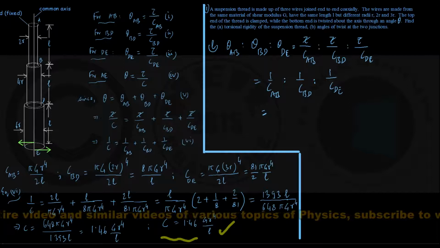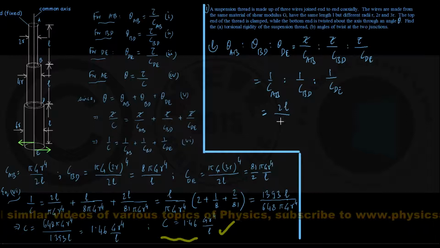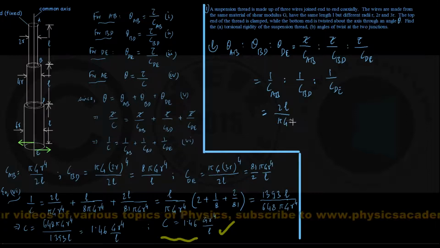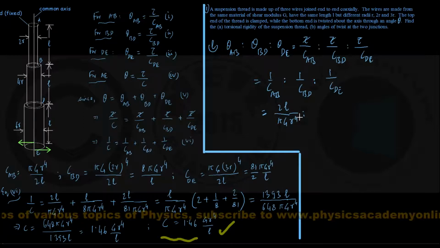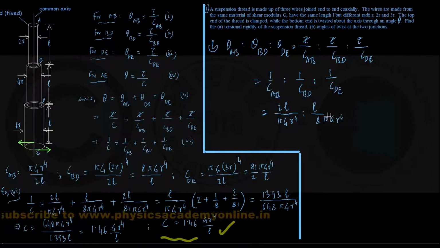So taking from here, I can put the value 1 upon CAB is coming out to be twice L divided by pi g r to the power 4 is to 1 upon CBD, that is L divided by 8 pi g r to the power 4, and then 1 upon CDE, this is coming out to be twice L divided by 81 pi g r to the power 4.